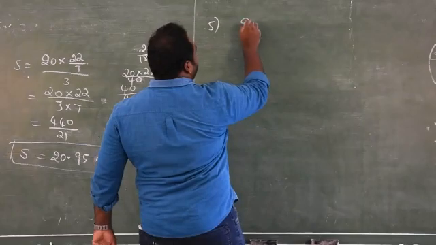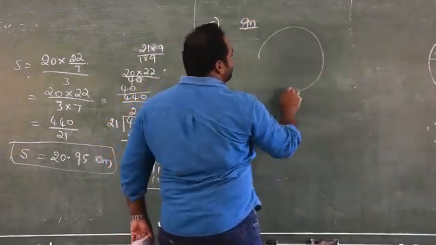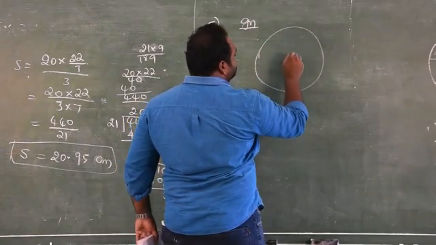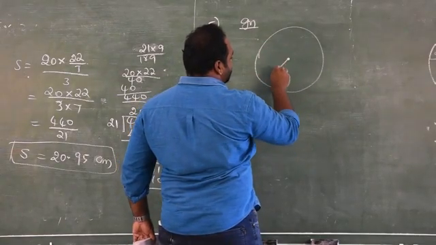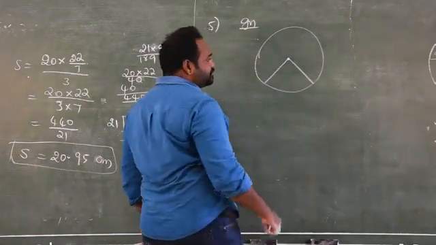So here I am going to construct a circle for your understanding. So given information, this is the center. I am going to draw this radius and complete this diagram.